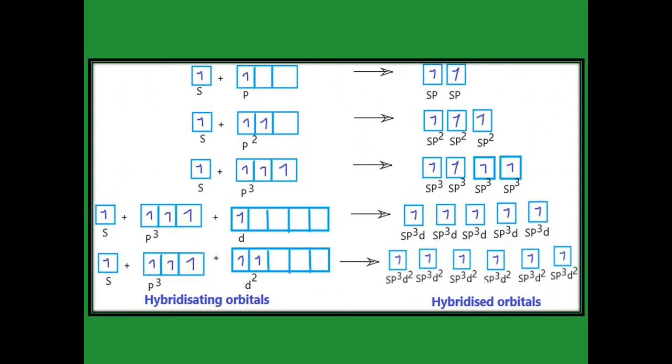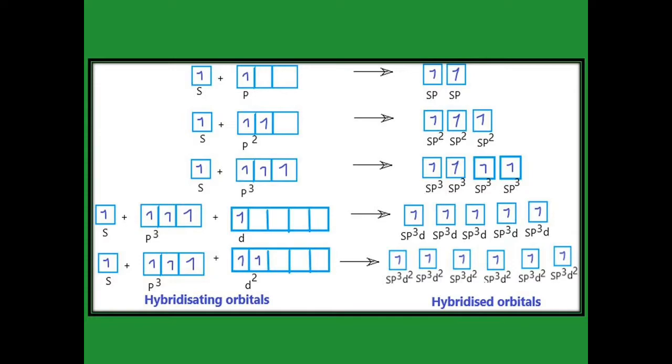Suppose the s orbital contains one electron and there are three p orbitals, but only one electron is present in them. These s and p orbitals are going to be hybridized, meaning mixed together. Two orbitals only are mixing, so we get two hybridized orbitals, sp and sp.